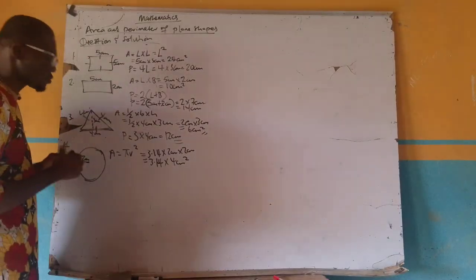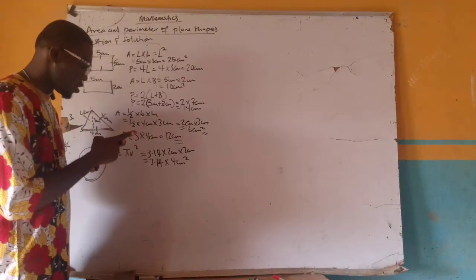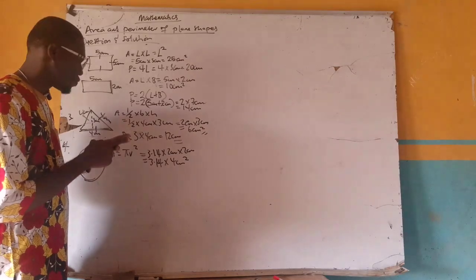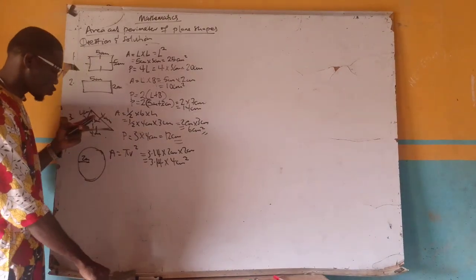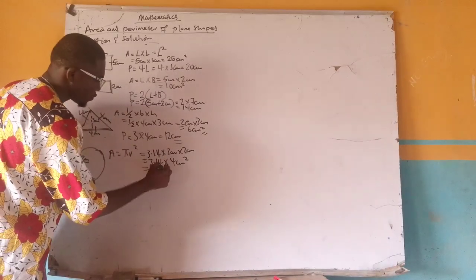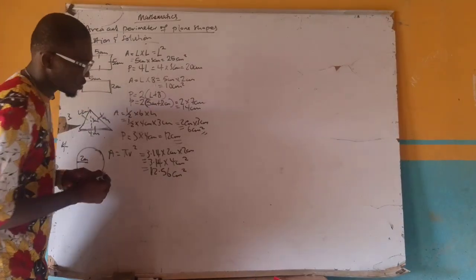Remember, centimeter times centimeter will give us centimeter square. So let me quickly multiply that. 3.14 times 4, we have 12.56. So we have our answer here, 12.56 centimeter square. Remember, this is area.